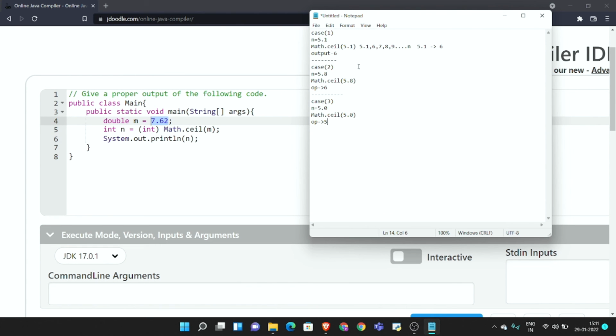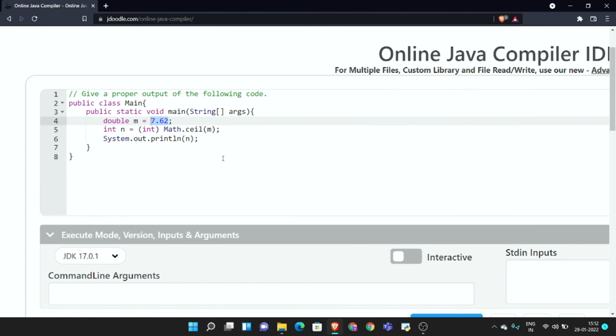It may be 5.1, it may be 5.8, whatever the decimal point, we're going to get the integer which is after 5, that is 6. So I hope you understand this logic, and let's go back to our code.